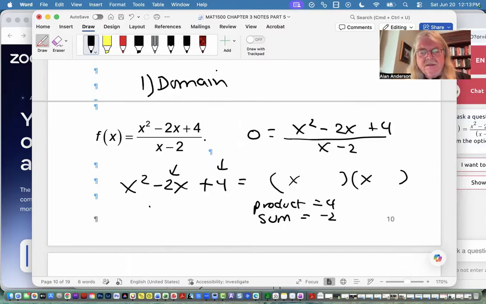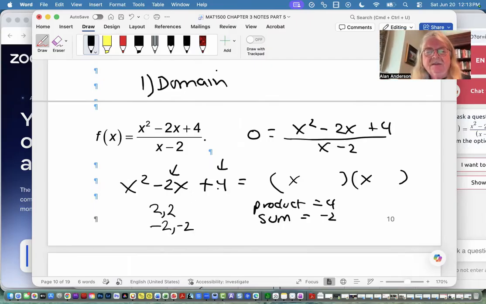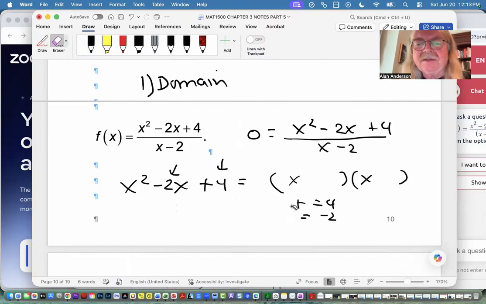We could try 2 and 2, or negative, oh, maybe not. I guess not. I was thinking maybe we could do that, but it doesn't look like it. Nope, never mind. Sometimes it works, sometimes it doesn't. So instead, here's what we'll do.